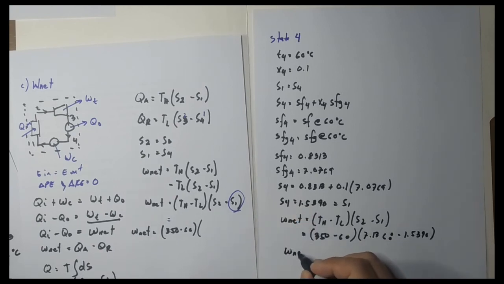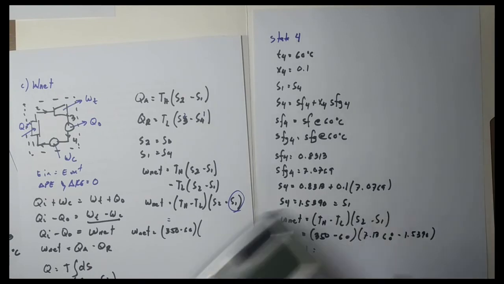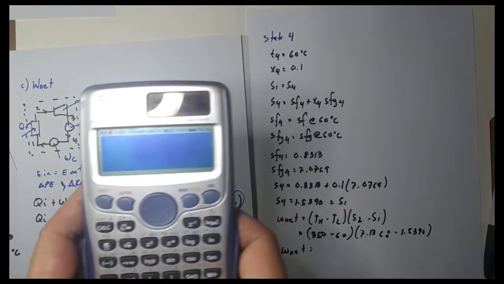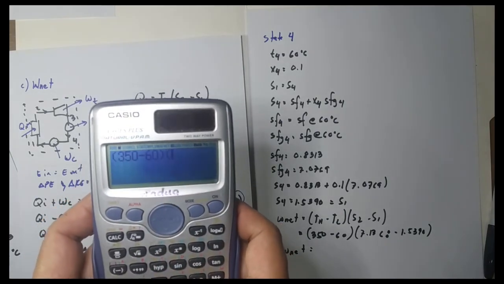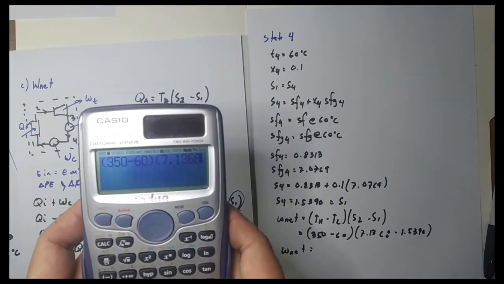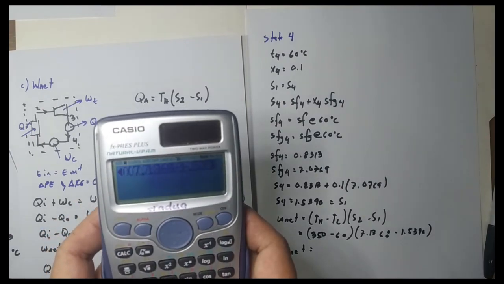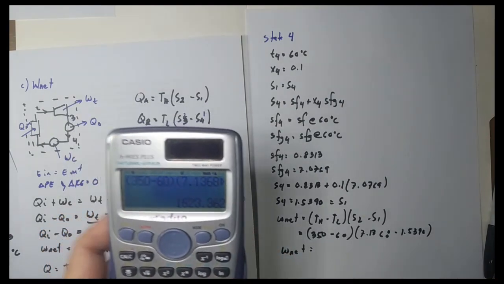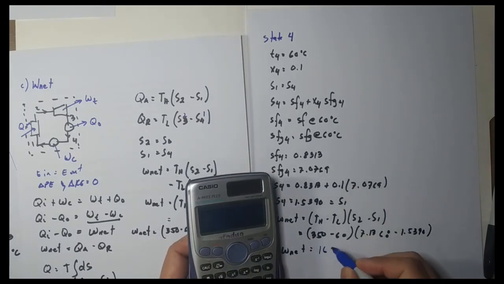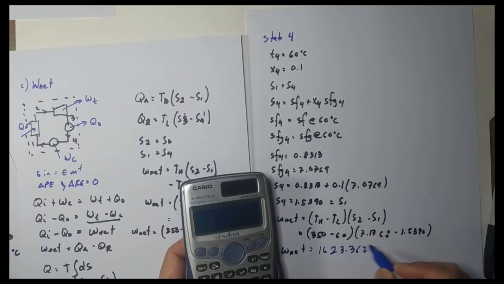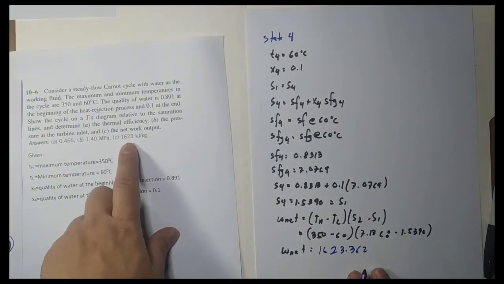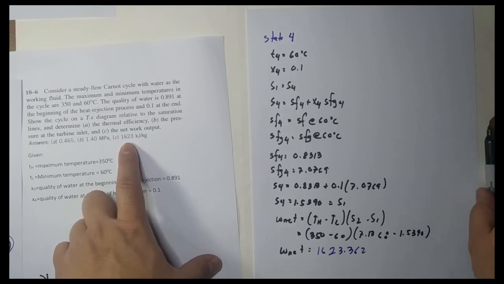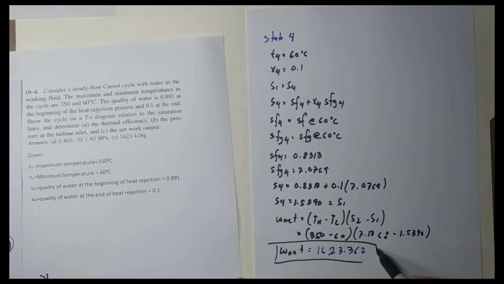So, yung work net mo ay, tignan nga natin kung tumutugma. 350 minus 60, 7.1368 minus 1.5390. One answer is 1623.362. Ito yun. Yan yung sagot. Okay. So, meron kang work net.